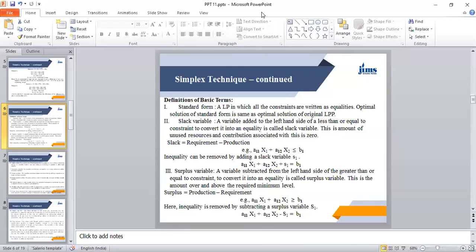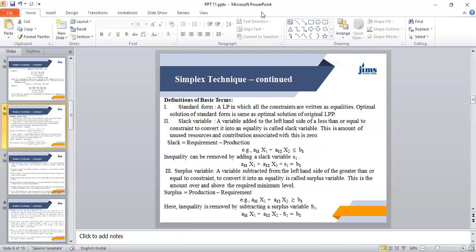You must remember, sometimes you may be asked in the examination to write a note on slack variable and surplus variable, or to give the physical interpretation of slack variable and surplus variable. Then you must write that slack is equal to requirement minus production and surplus is equal to production minus requirement. I think I am clear.